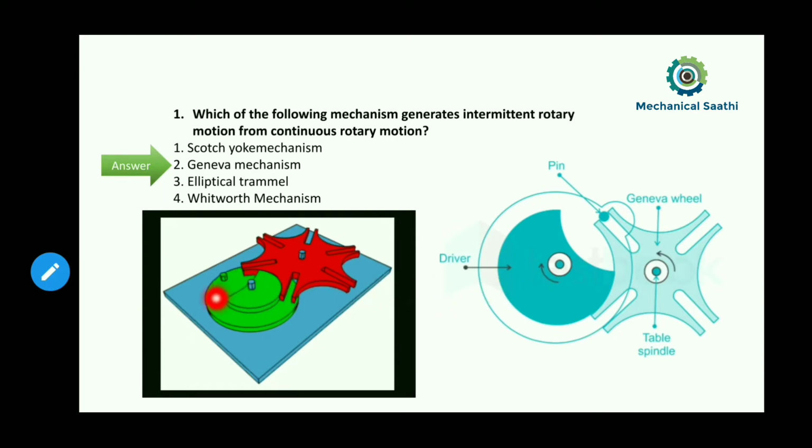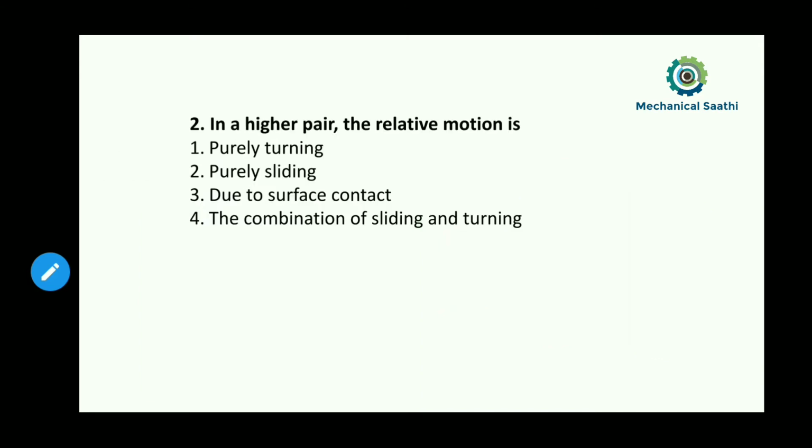When this pin is moving from this point to this point, only then is this Geneva wheel moving, so that's how we get an intermittent motion from a continuous rotary motion. Continuous rotary motion is given to the driver wheel, and we are getting an intermittent rotary motion in the Geneva wheel.